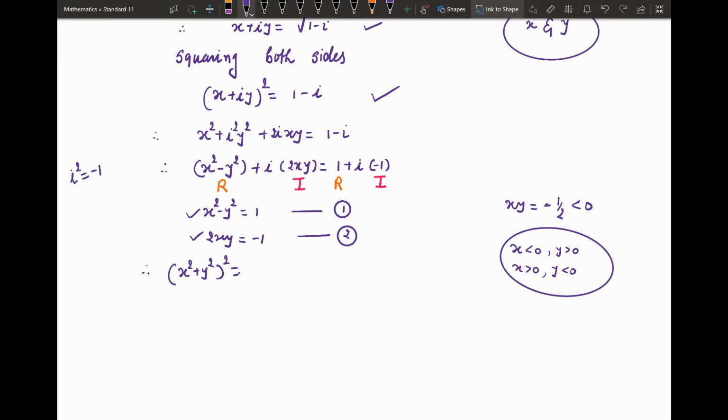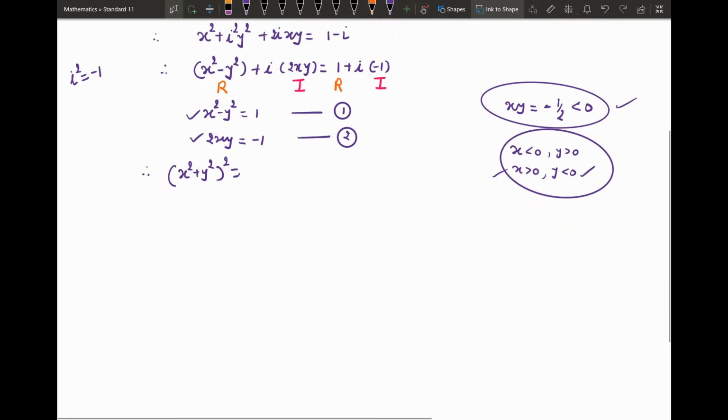So xy equals minus 1 by 2, it is negative, less than 0. That means when we take square roots, x and y will be plus minus. If we take x less than 0, then y must be greater than 0 so that xy is less than 0, and similarly, if we take x greater than 0, then one has to take y less than 0.